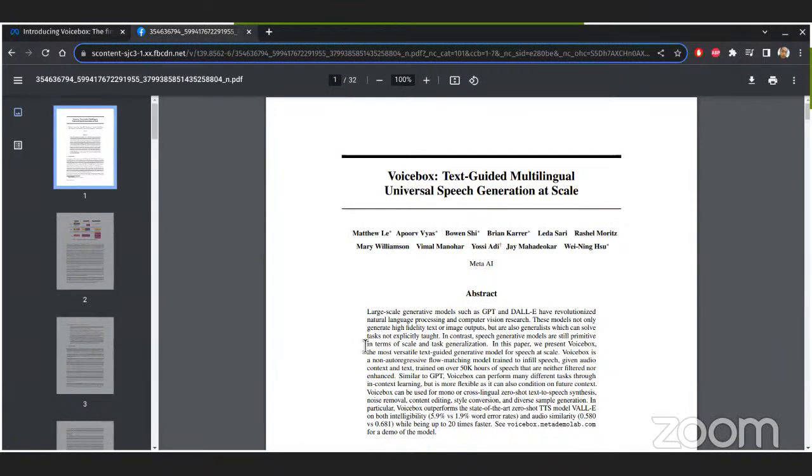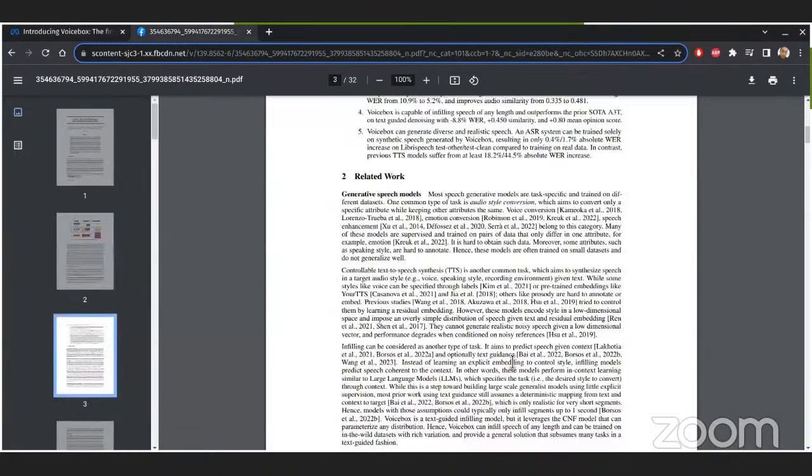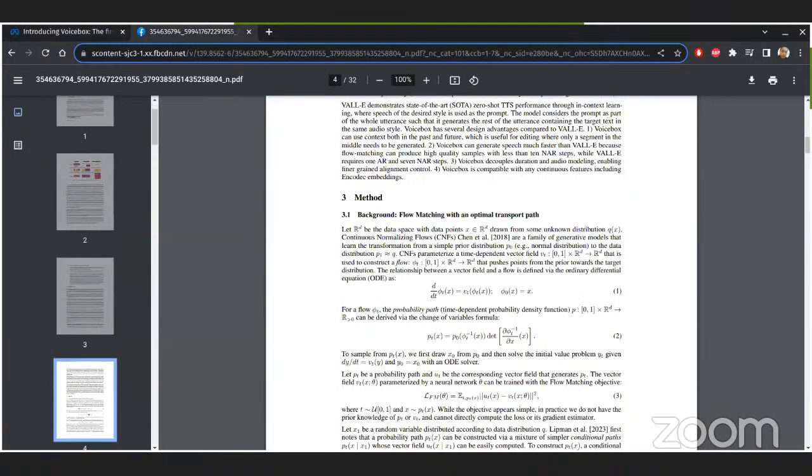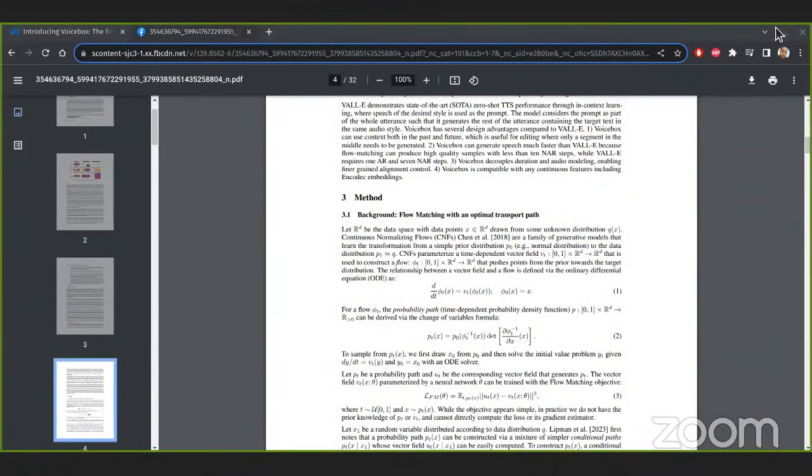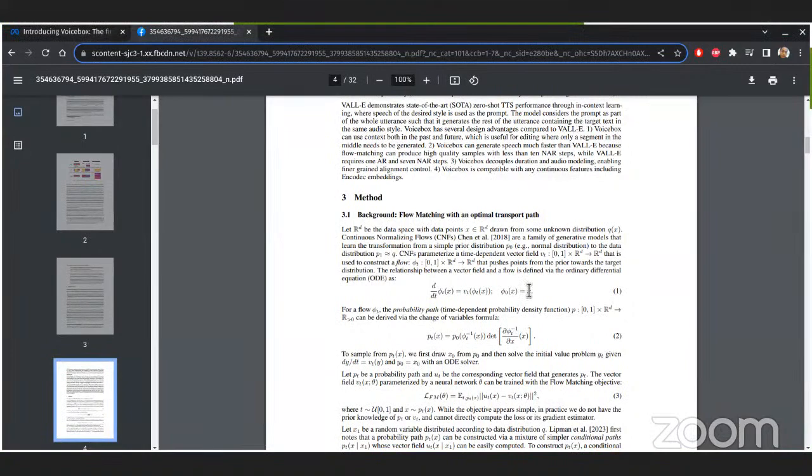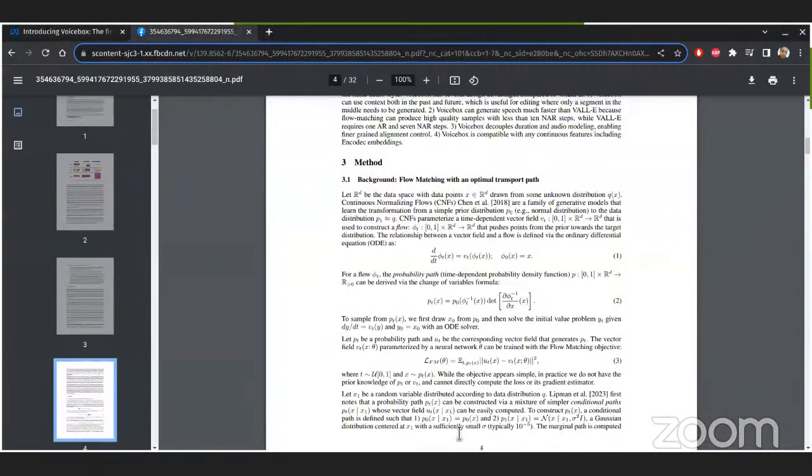Yeah, sure. So I wanted to cover some of the methods that they describe in the paper.